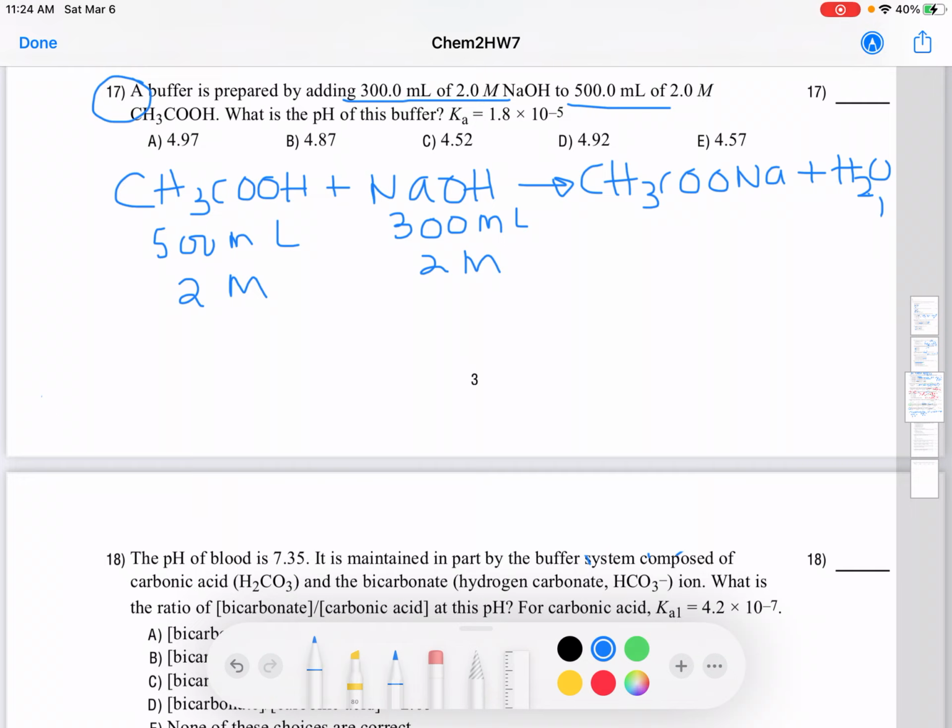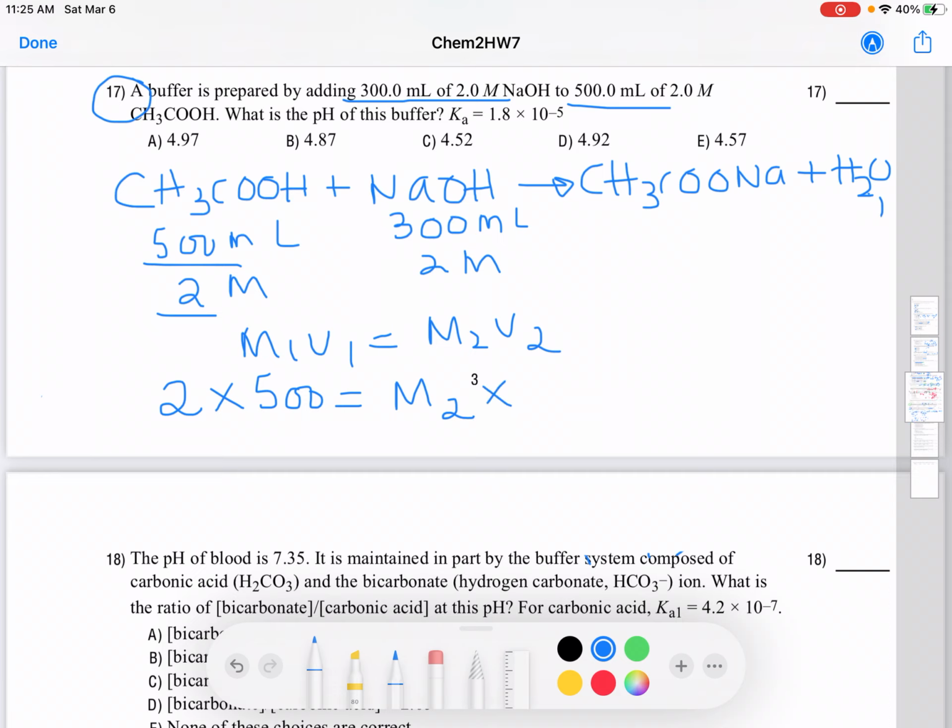We need to find out from the given amounts what the concentrations are going to be when they are mixed with each other. So we can use M1V1 equals M2V2 to find the new concentrations of our acid and the base when you mix them together. M1 is 2 for acetic acid, volume 500, equals M2, which we don't know, the new concentration, and the volume is going to be 500 plus 300, 800.